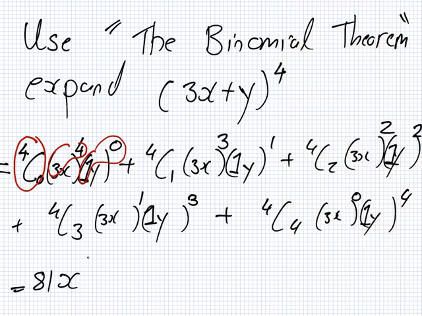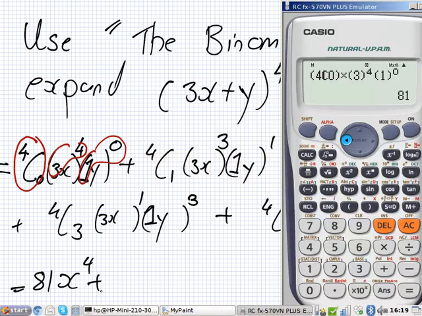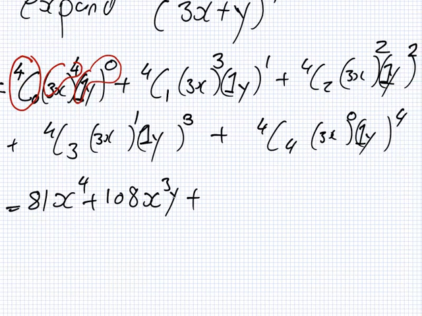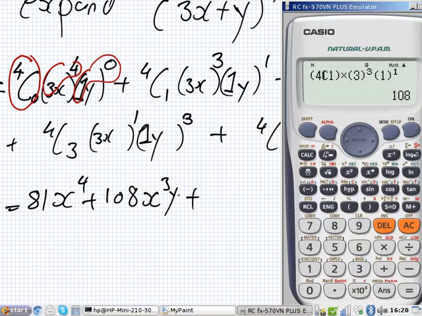81x power 4. The next one, the only difference is if we backspace, this is a 1, this is a 3, and this is a 1 now. So the next one is 108 x y. Next, the only difference is we've moved on to 2. So that's a 2, that's a 2, that's a 2.